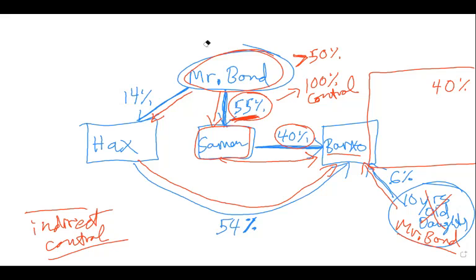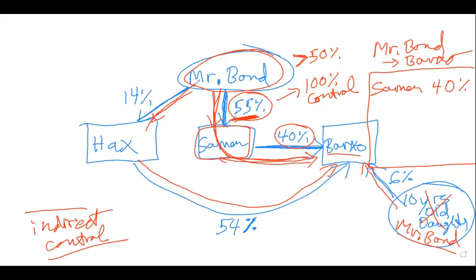What we're talking about here is Mr. Bond and Barksdale. What is his level of control of Barksdale? Through Cernin, he's going to get 40% through this channel right here.